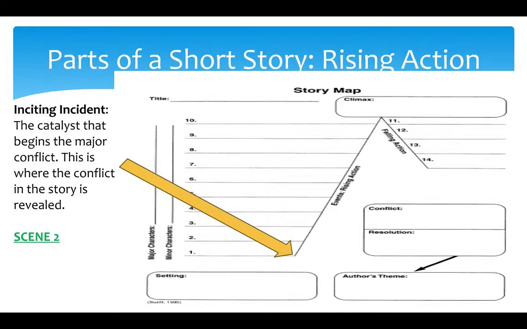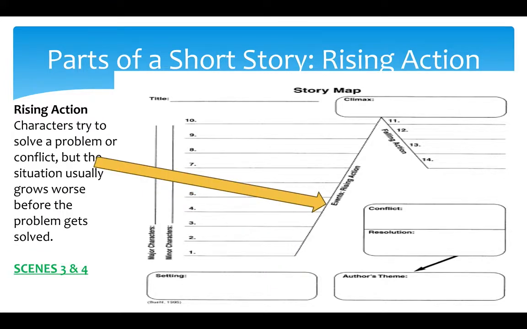That is started in the inciting incident, and you do want to get there pretty quickly in your story. You really don't want to linger too long in the setting, otherwise you're going to lose your reader. And when you only have 2 to 5 pages, it's pretty important to get to the conflict right away, so that then you can get to your scenes 3 and 4, which is that rising action.